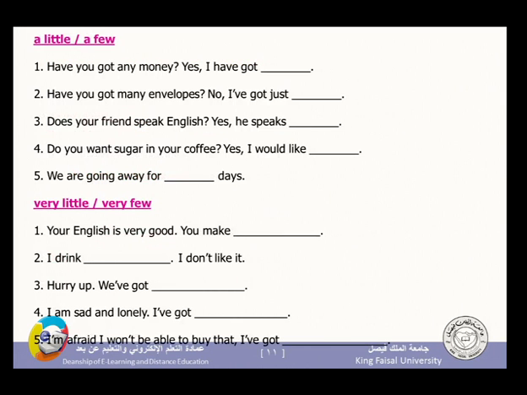All of what I have just written is important, but especially a little and a few. A little with the uncountable, a few with countable. Very little with the uncountable, very few with countable. Okay? I say, I have little sugar, or I have much sugar. Little and much with uncountable, but I have few chairs, or I have a few chairs, or I have many chairs. Okay?